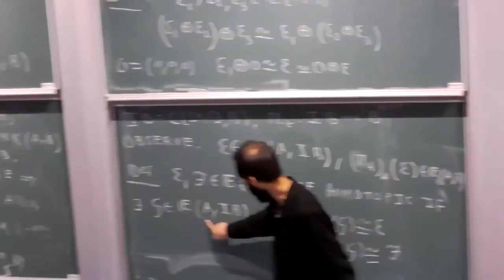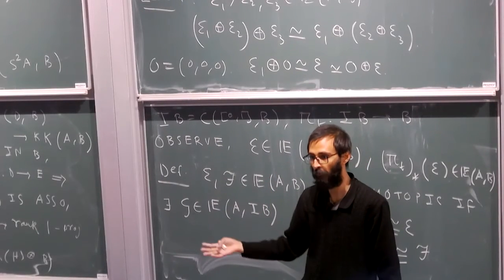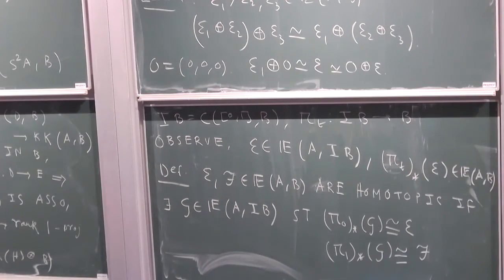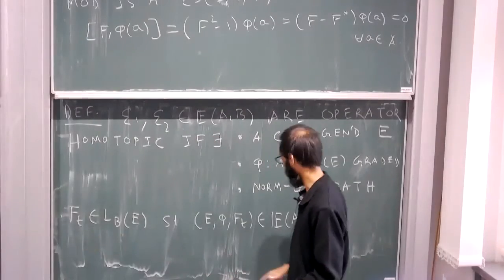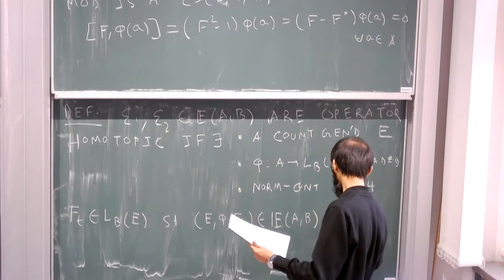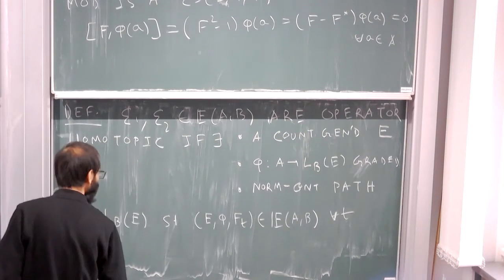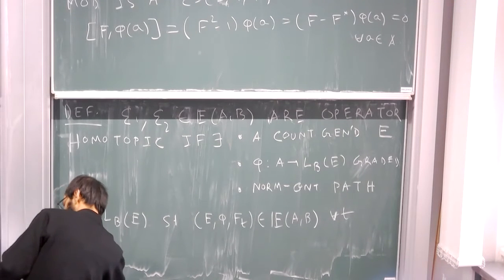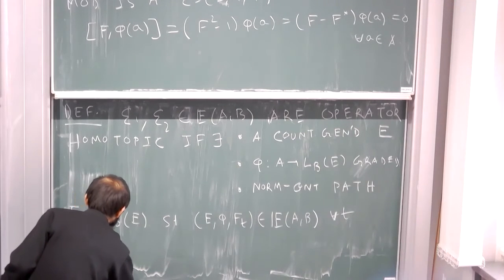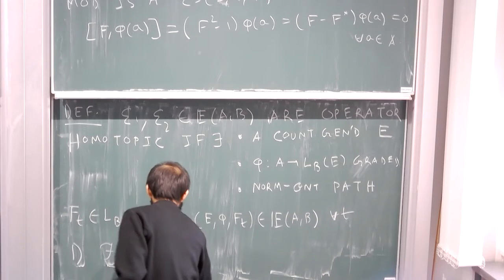That means to have a homotopy between E and F, you vary everything: the module, the left A module structure and the operator F. Here we only demand that only the Fredholm operator varies such that it is in E of A, B for each t, and F0 is isomorphic to E1.